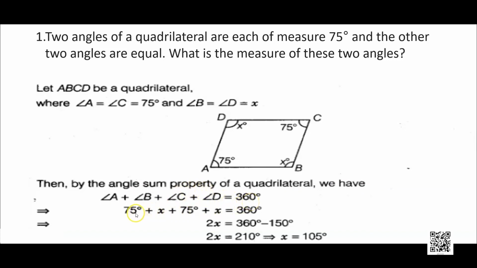Now substituting for the angles A, B, C and D, we get this equation as 75 plus x plus 75 plus x equals 360 degrees, or in other words we get 2x equals 360 minus 150, or x is equal to 210 divided by 2, which will be 105 degrees. So each of the other two angles are of measure 105 degrees.